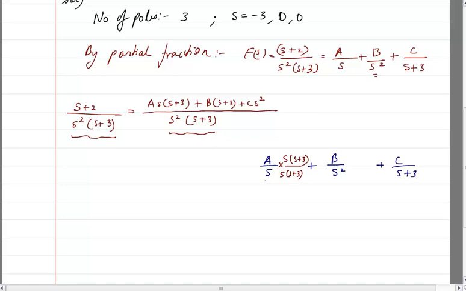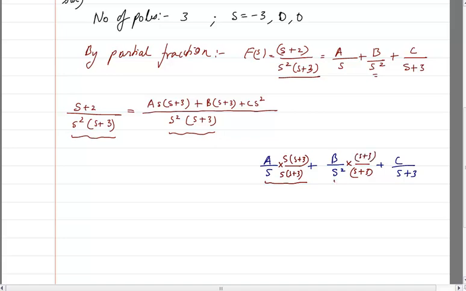Then the denominator is s squared into s plus 3, the same denominator as this one. Here what should I multiply with? I can multiply with s plus 3 in the denominator, and similarly the numerator also with s plus 3.